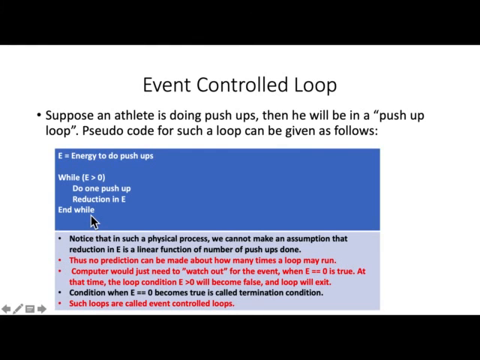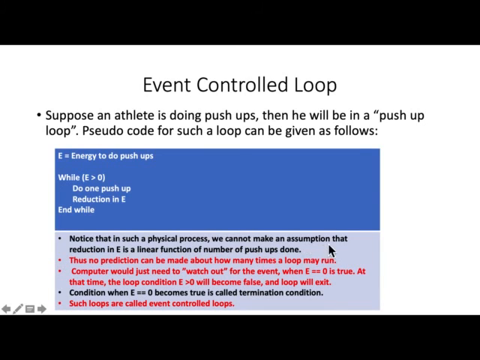At some point, the athlete has to get so tired that he or she does not have the energy to do even one push-up. At that time E is 0, and E greater than 0, meaning 0 greater than 0, is false, and they will exit the loop. In this example, it's a physical process.